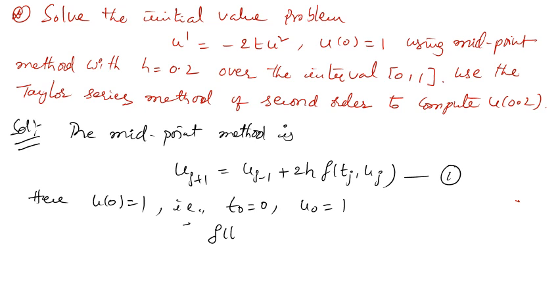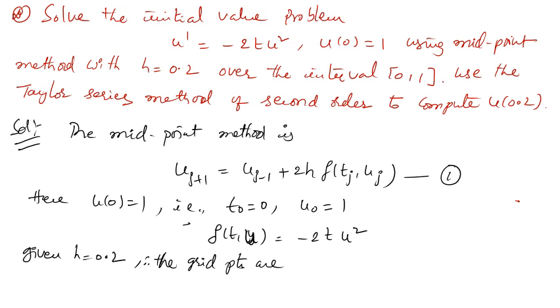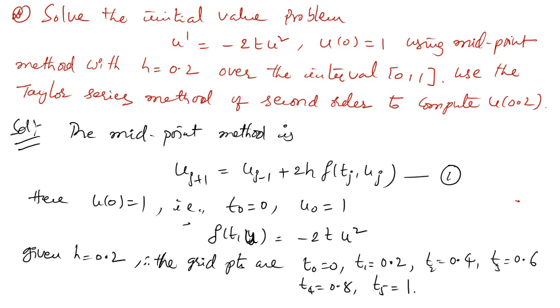And f of t comma u is minus 2t u square. Given h equal to 0.2, the grid points or mesh points are t0 equal to 0 as usual, t1 equal to 0.2, t2 equal to 0.4, t3 equal to 0.6, t4 equal to 0.8 and t5 is 1, the last point of the interval.